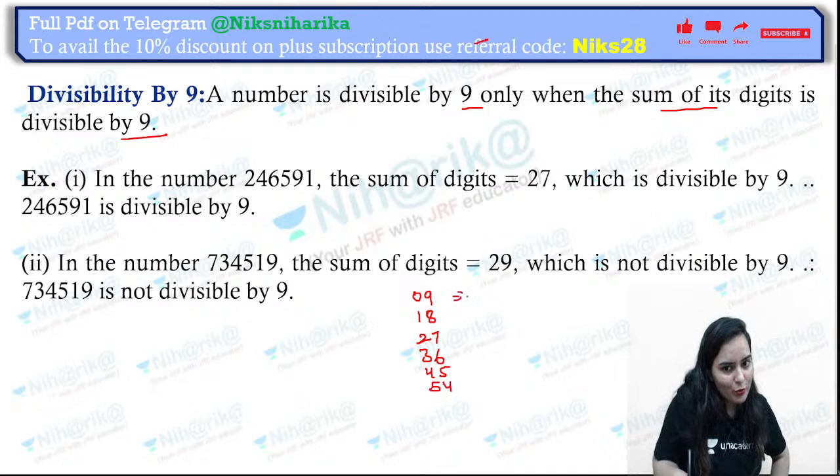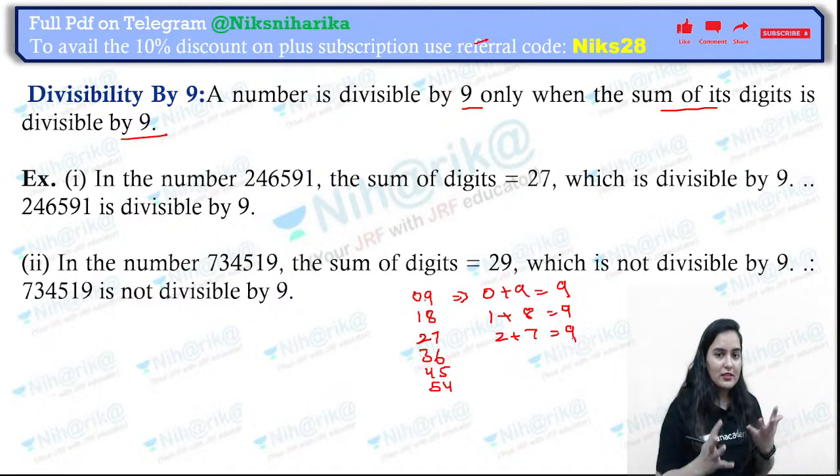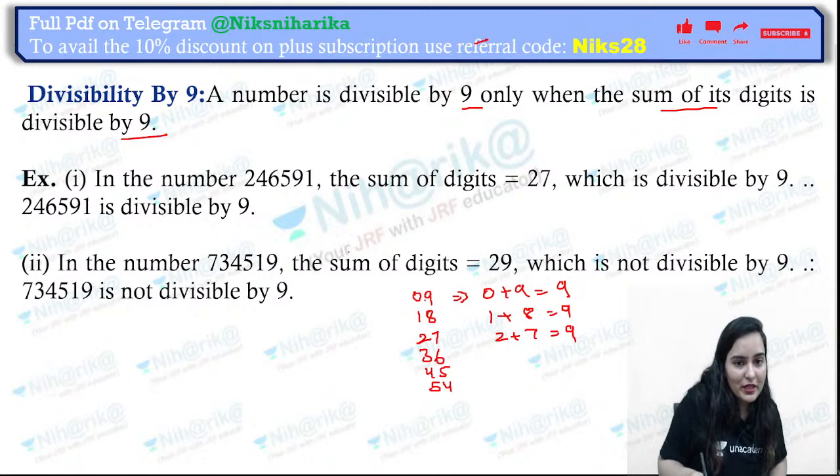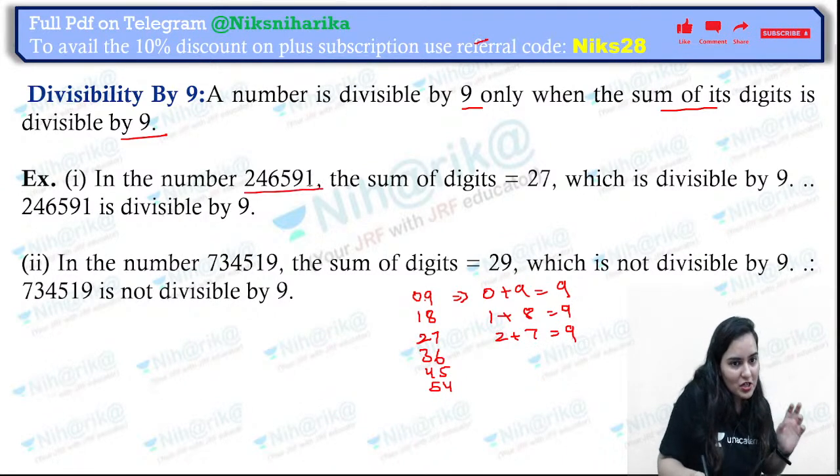If you add both digits, 0 plus 9 becomes 9. 1 plus 8 becomes 9. 2 plus 7 becomes 9 again. Again and again it becomes 9. So if a big number is given, just add the digits.